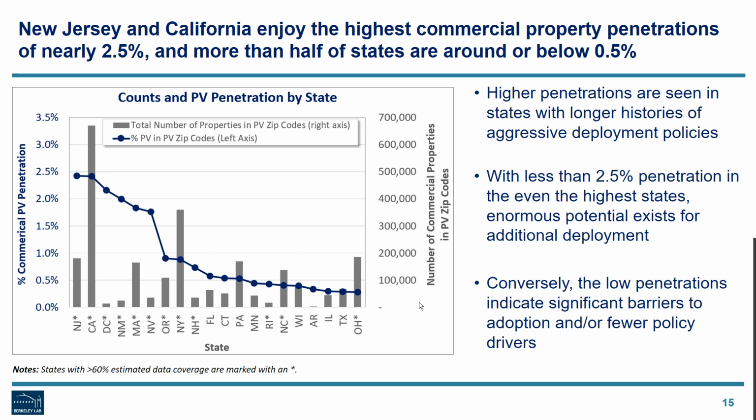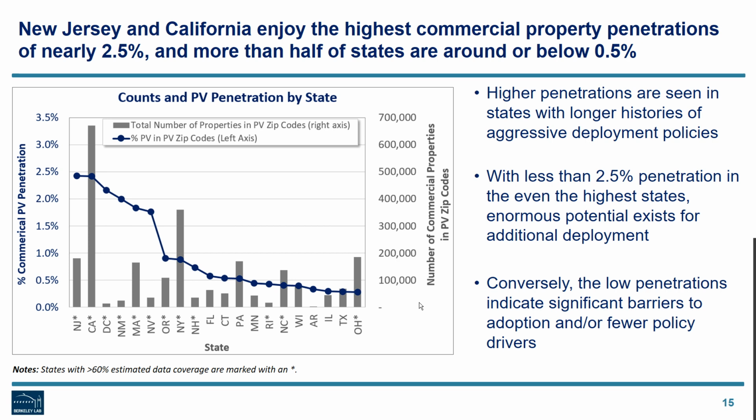One last thing to note about the x-axis is it has an asterisk next to some of the abbreviations for the state and DC. Those represent areas where we had greater than the average coverage than we did across our full sample, which was 60%. In some of the figures going forward, we limit our sample to just those with greater than 60% coverage.